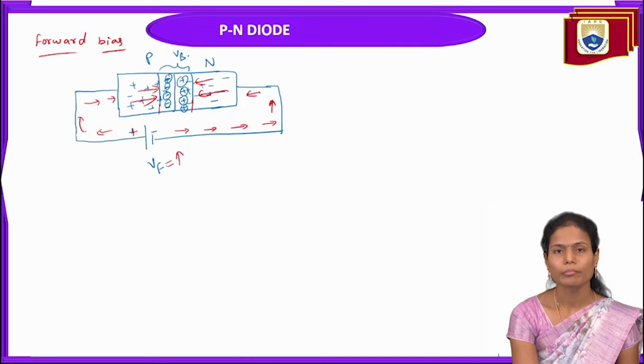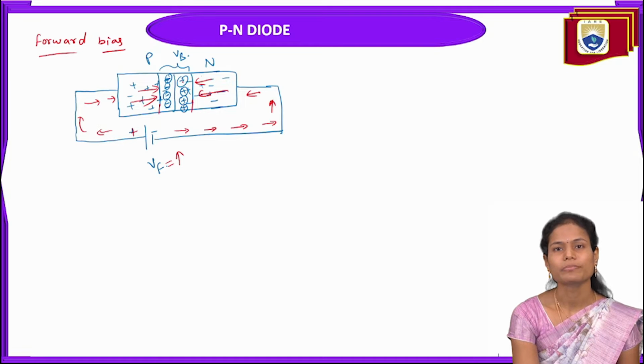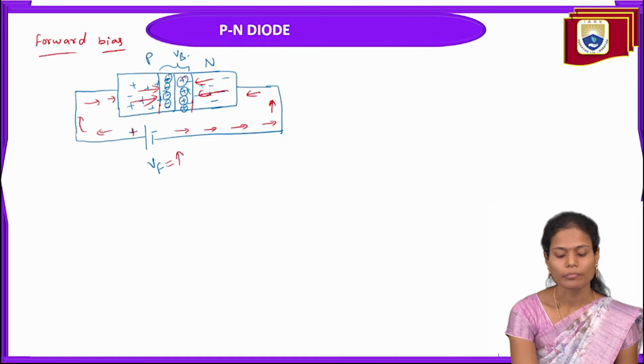Because of that force, these electrons enter the depletion region and combine with positive immobile ions and become neutral. Similarly, these holes combine with the negative charged particles.